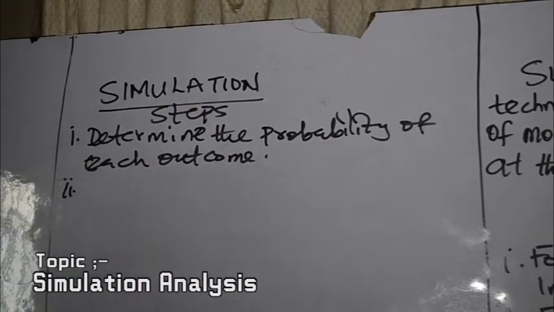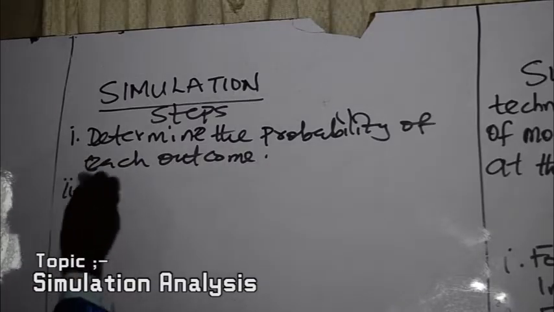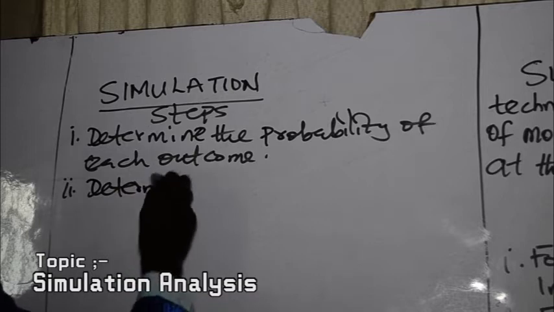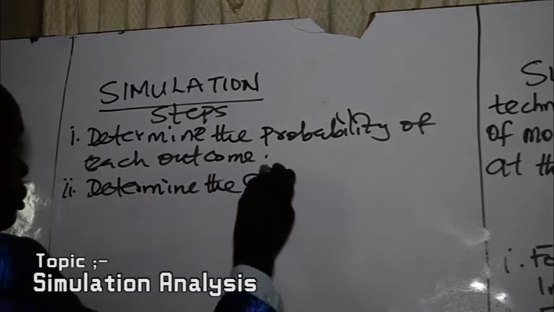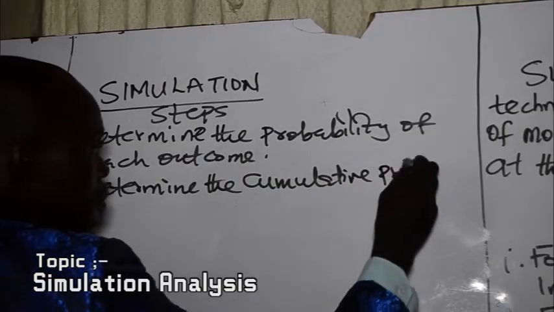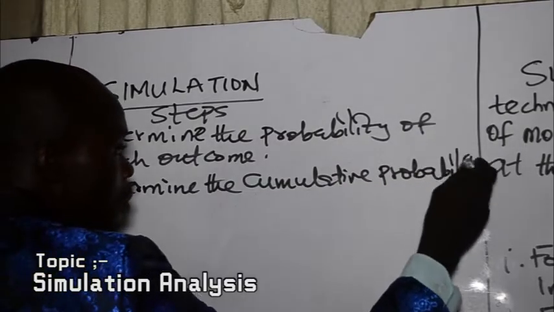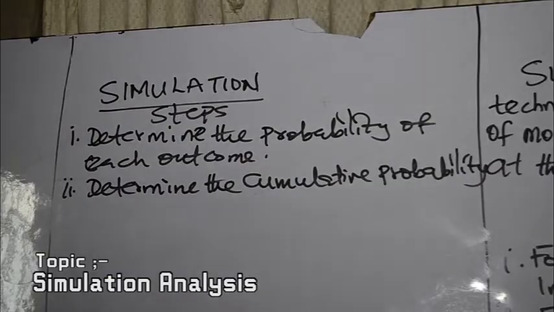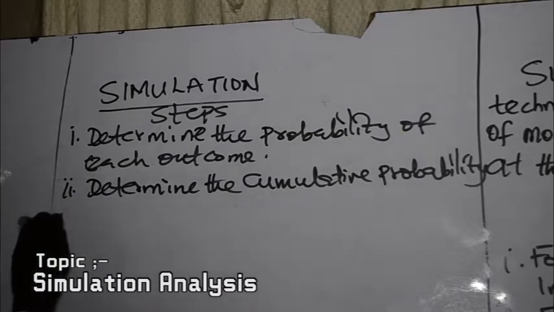Step number 2: determine the cumulative probability. Step number 1 is to determine the probability of each outcome, and step 2 is to determine the cumulative probability.